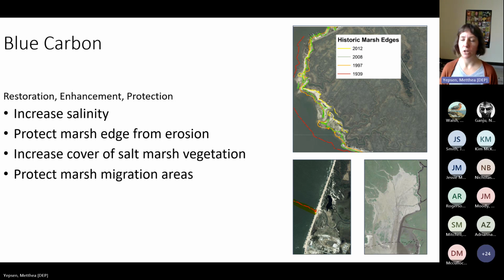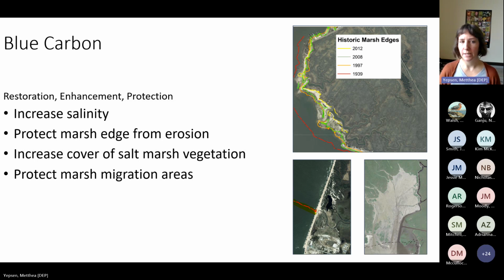So if you have a tidal restriction of a road, or you have an impoundment for waterfowl, you may have fresh water behind the impoundment, and you may have salt water, above 18 parts per thousand, outside of that impoundment. And so if you restore tidal flow to the marsh, you can drastically increase the salinity of that marsh. And as a result, you can eliminate or drastically reduce methane emissions.